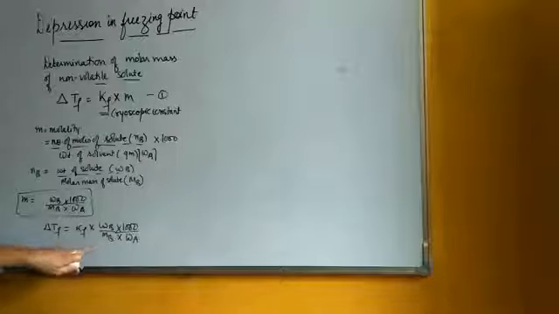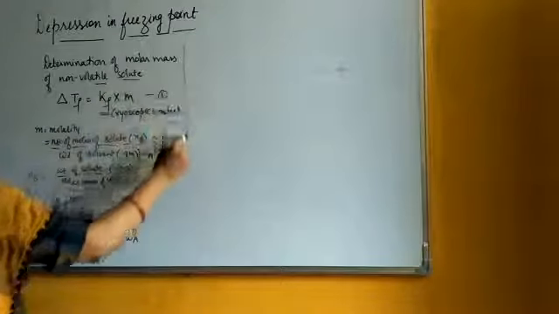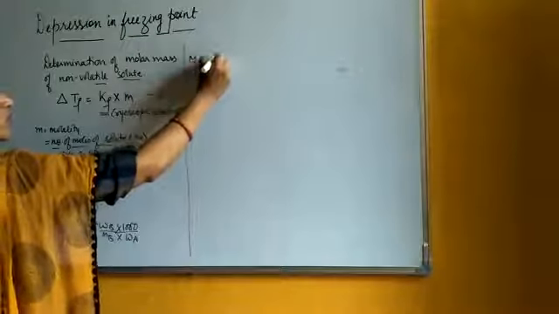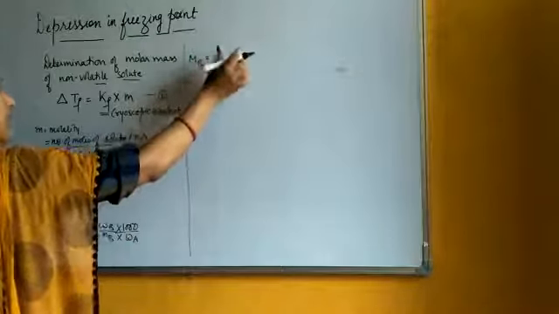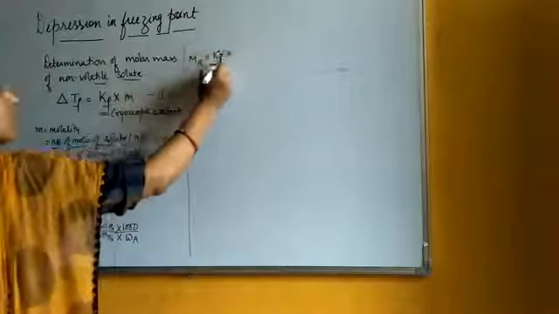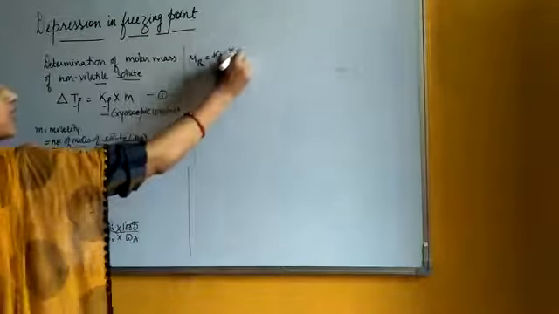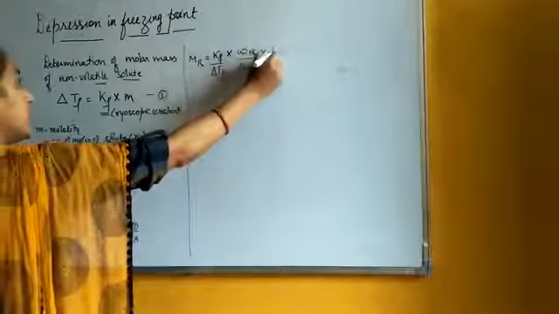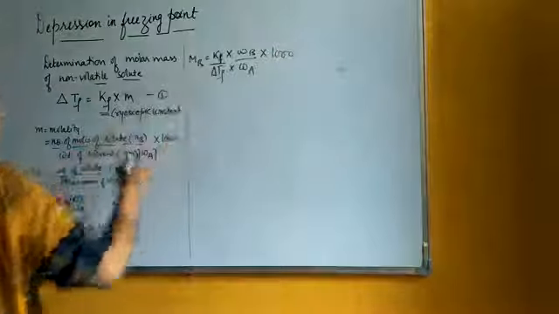So we get this equation now, make it for Mb. So Mb will be equal to Kf, that is the cryoscopic constant, upon delta Tf, into WB upon WA into 1000.